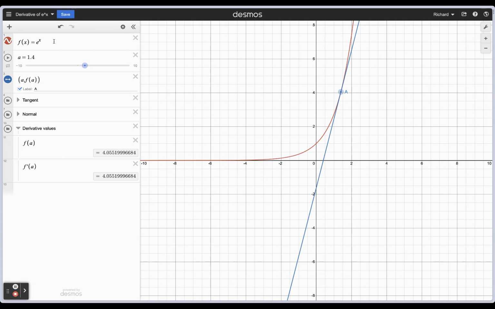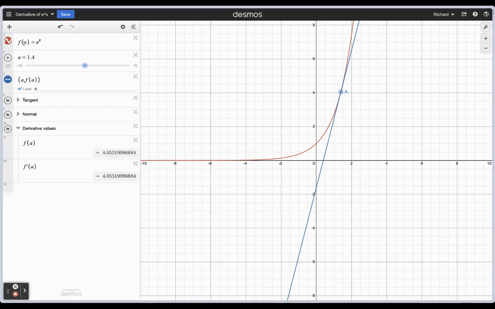So that's a very special property. It only occurs at e. It doesn't occur at 2 to the x or 3 to the x or whatever else. It only occurs at e. E has a direct one-to-one proportionality between its value of f of x and its derivative.